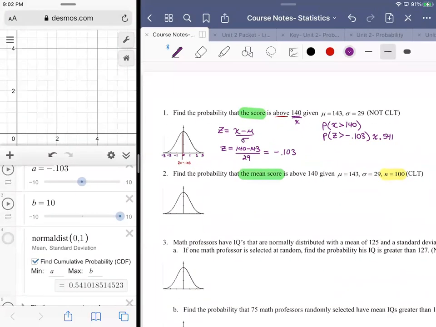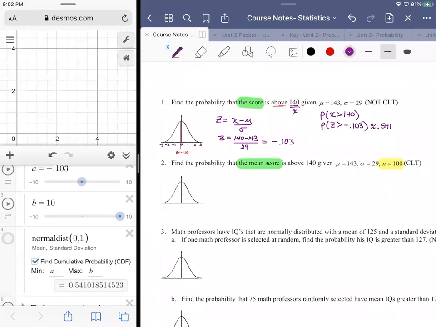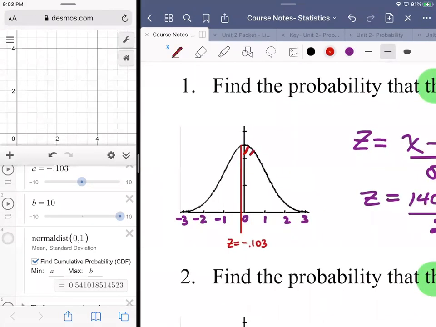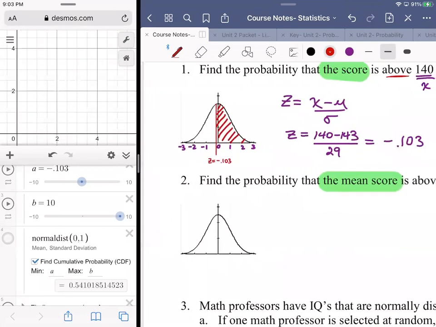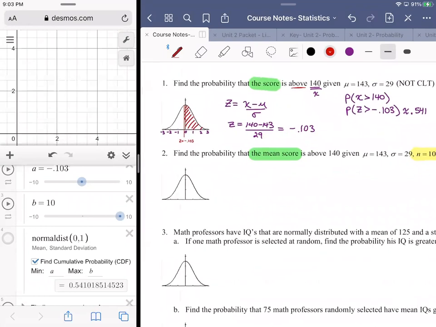All right, I expected something to be a little bit more than half, and I got something a little bit more than half. So that's good news. All right, so I did my 140 minus 143 over 29, and I just evaluated that. And you know, you could sketch it up a little bit, make it look nice. But that's what we were expecting to see, right?